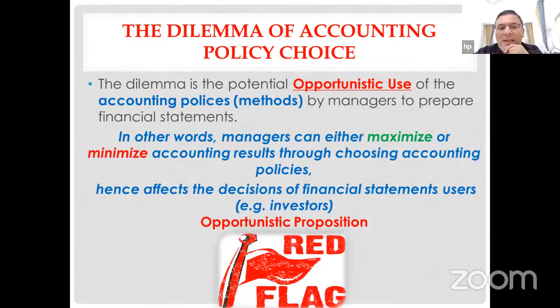So the dilemma is the opportunistic use of these methods. In other words, managers can either maximize or minimize accounting results through choosing accounting policies, hence affecting the decisions of financial statement users, like investors. This is known in the related literature as the opportunistic proposition.